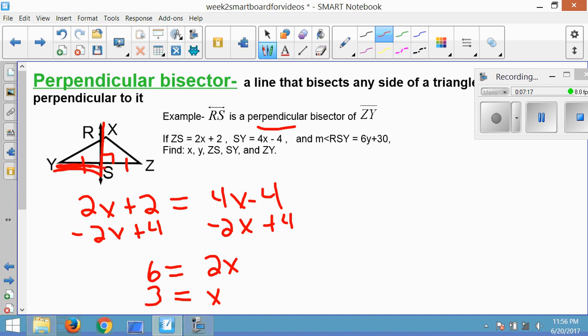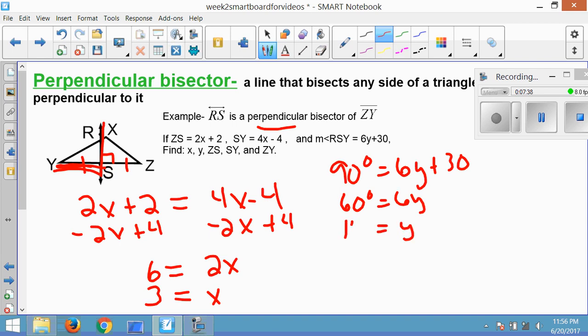I know that that's 90 degrees because I already figured that out when I realized that it was perpendicular. So I'm going to take 90 degrees and set it equal to 6y plus 30 and solve for y. When I solve for y, subtracting 30, I'm getting 60 degrees equals 6y, which means y is equal to 10 degrees. So we found x, we found y.